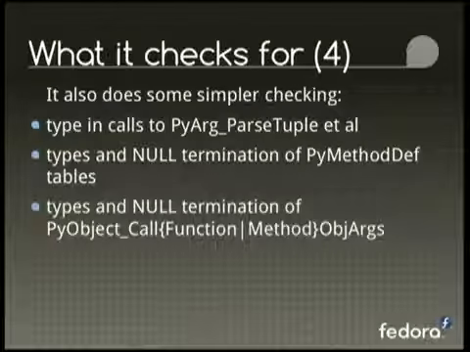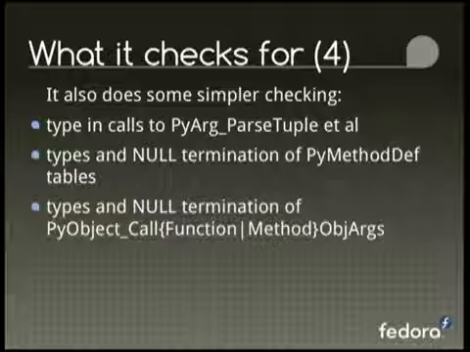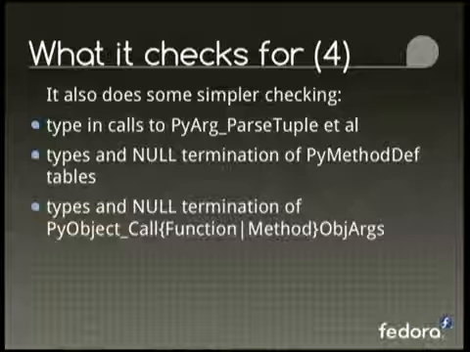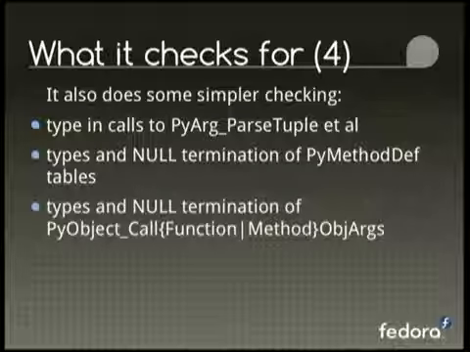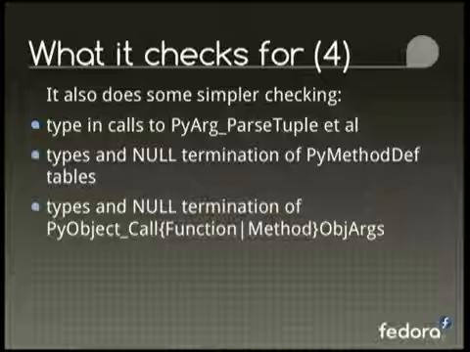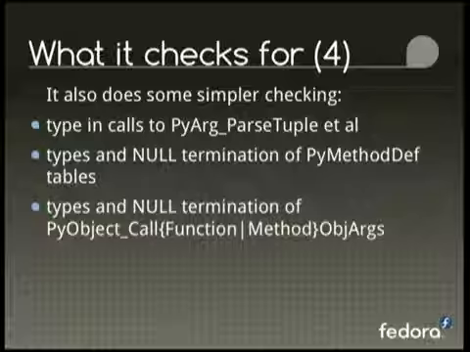As well as checking all the paths through the code, again with the caveats, it does some similar, what I call type checking. And the classic one here is PyArg_ParseTuple and its friends and Py_BuildValue, which, as you'll know, are calls in the Python API for marshalling data between the Python world and the C world, and then back again for Py_BuildValue. They take a string which is a series of control codes and then C-level arguments.